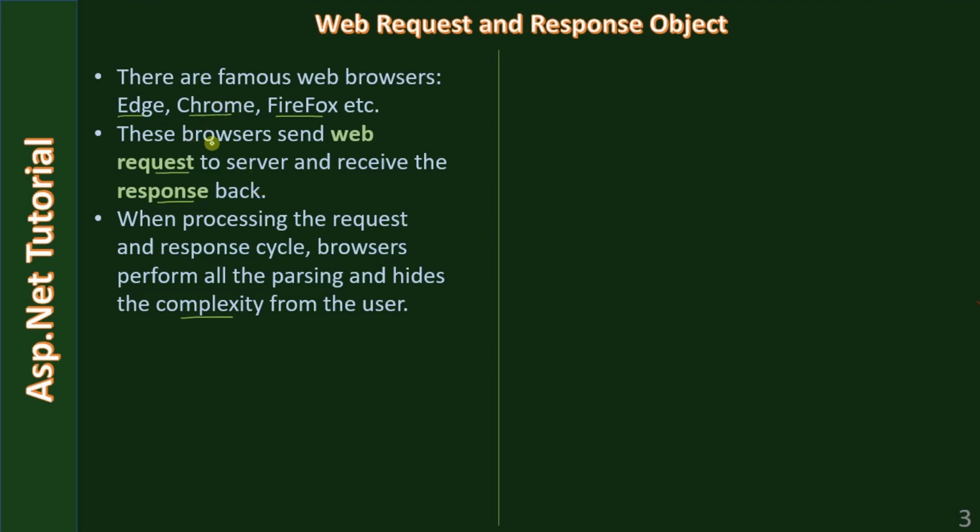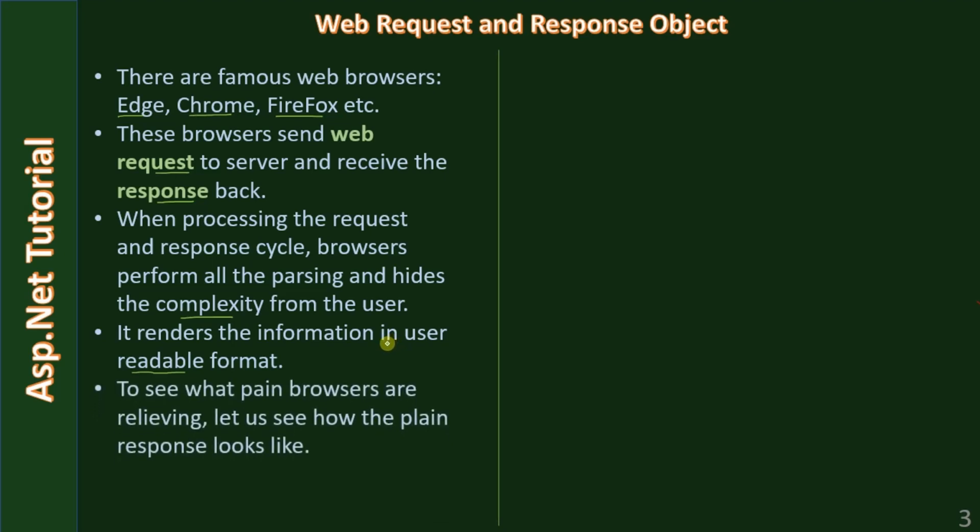When they do so, they hide a lot of the complexity, and whatever they present will be in a user readable format. The browsing user doesn't know the raw data or the complexity. So the browser renders the information in a user readable format.